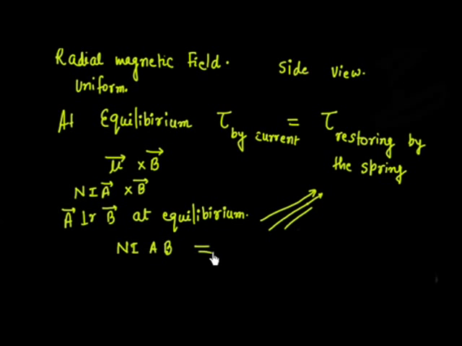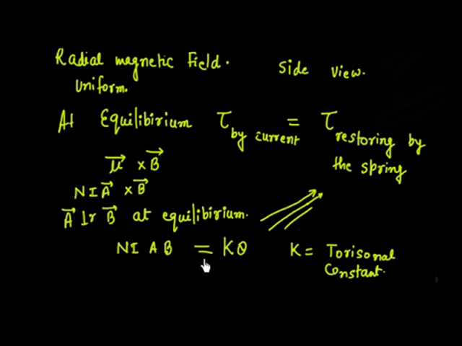Now the torque due to a spring is proportional to theta. So I can write K into theta, where K is the torsional constant of the spring. A torsional spring is not simply a linear spring.